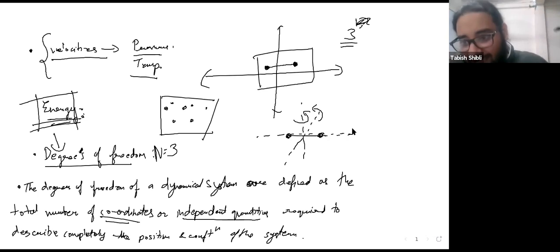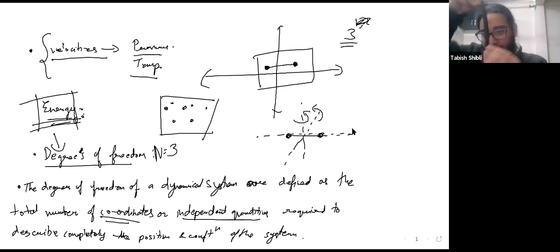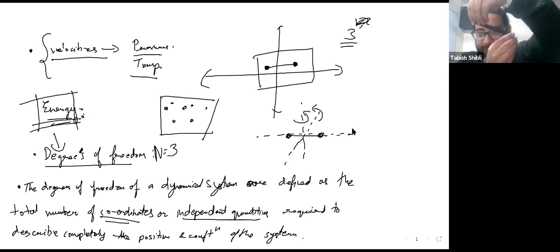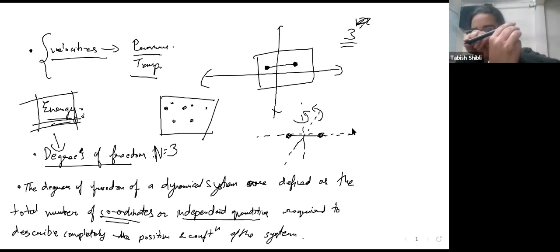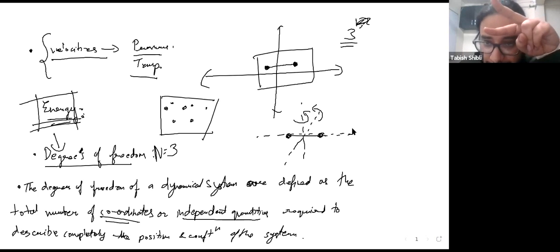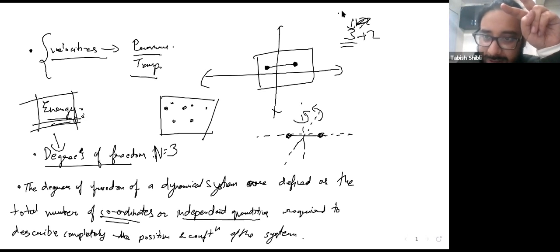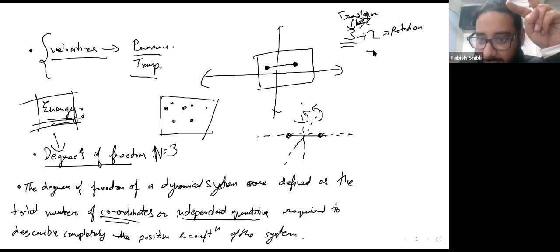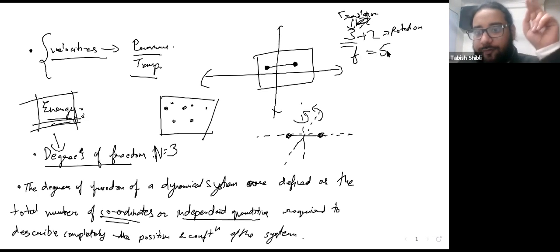So rotating does not change anything. If it's rotating like this, it is changing the configuration. If it's rotating like this, it's again changing the configuration. But if it's rotating like this, it's not changing the configuration. So there are two of those. So essentially there are 3 plus 2, 3 from translation and 2 from rotation. So hence the total number of degrees of freedom, let's call them f, is equal to 5.